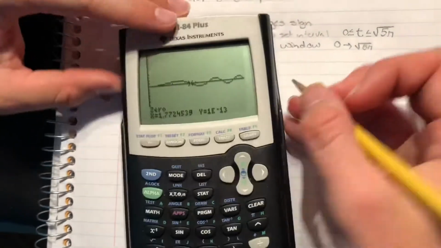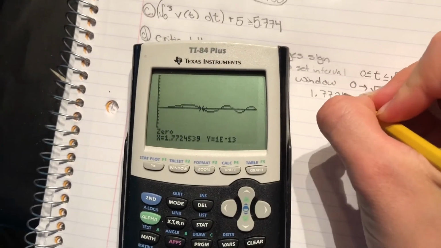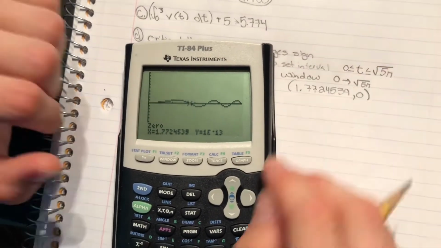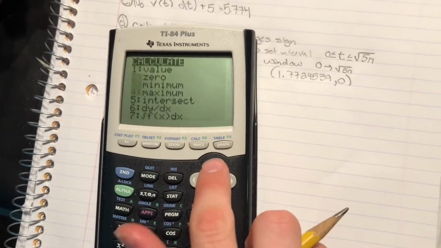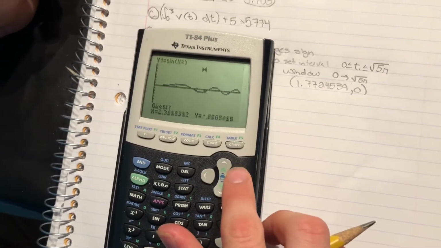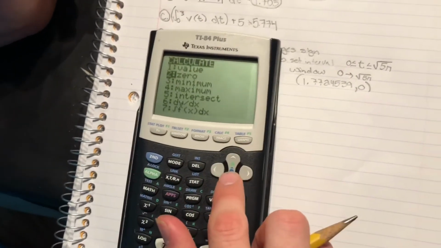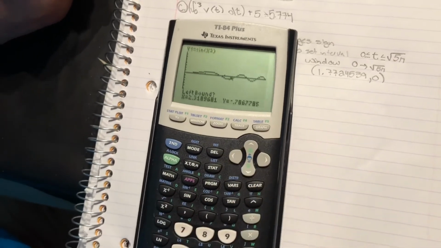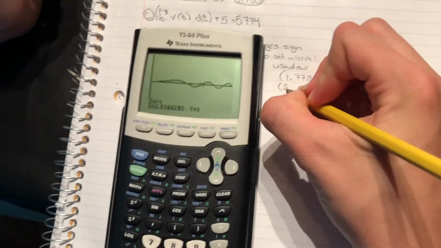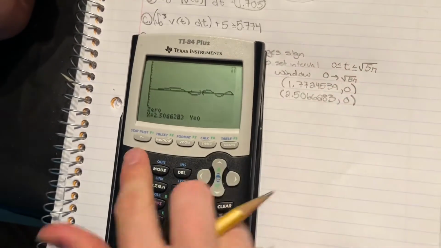So there's our first zero at x at the point 1.7720. Our second zero is at the point 2.5070.